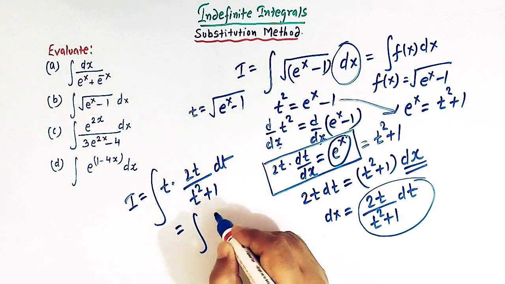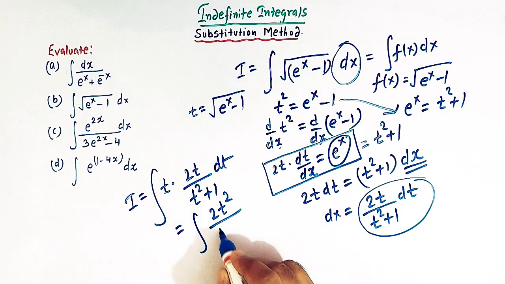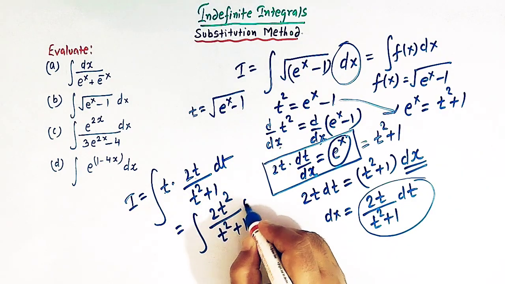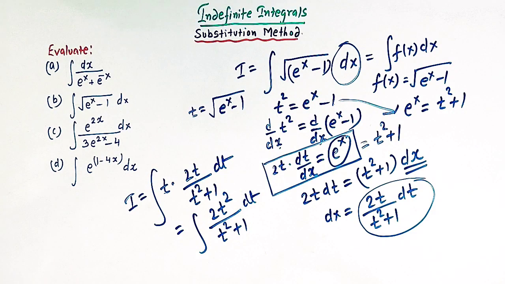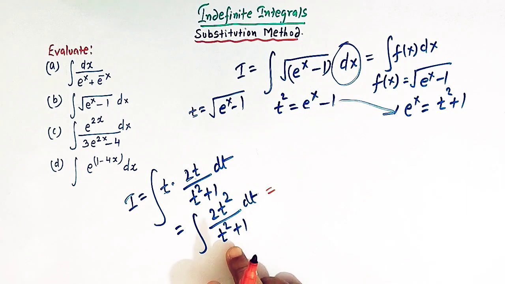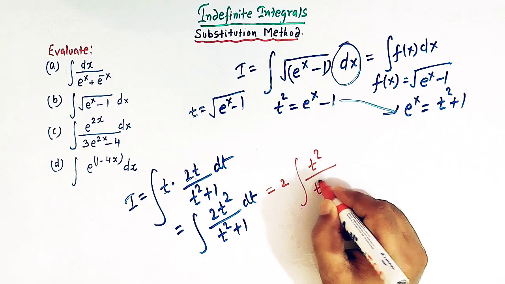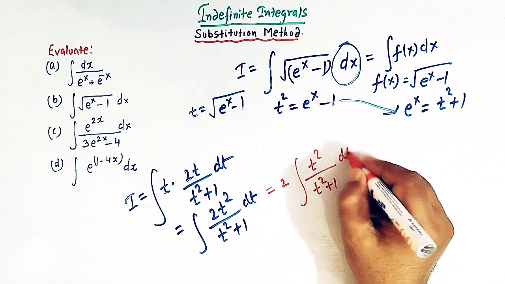So this is 2t times t, 2t square over t square plus 1, and dt. Now we'll take this 2 outside the integral sign, and we have t square over t square plus 1 dt, right?